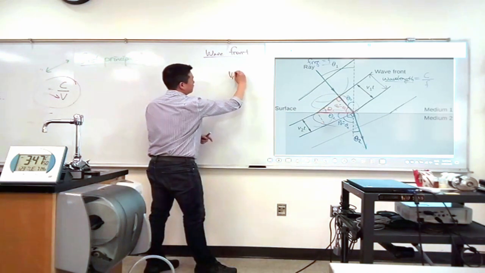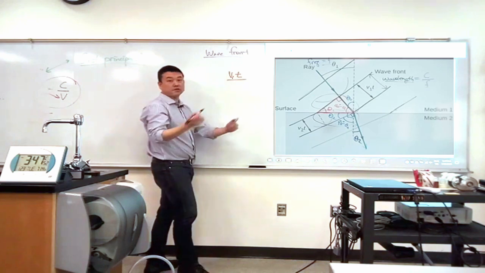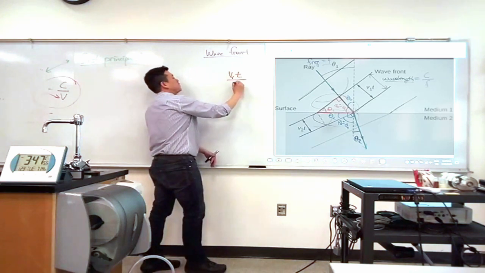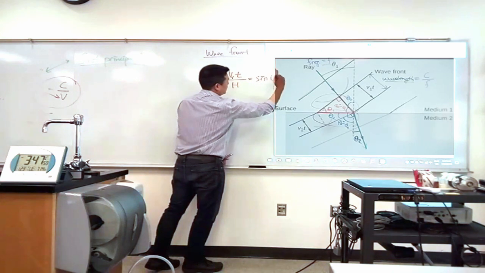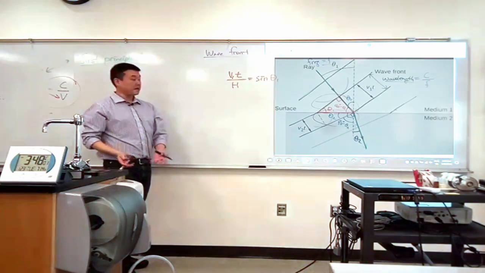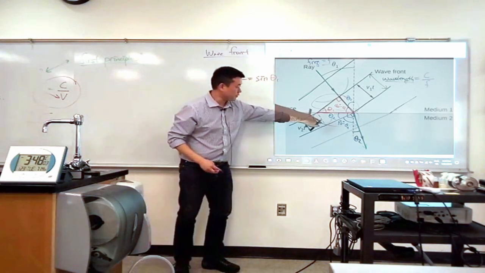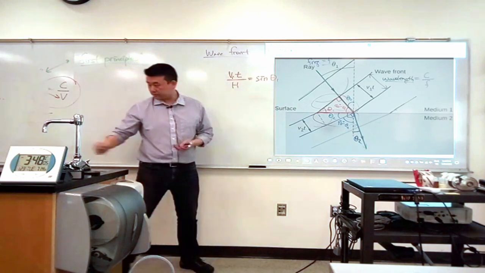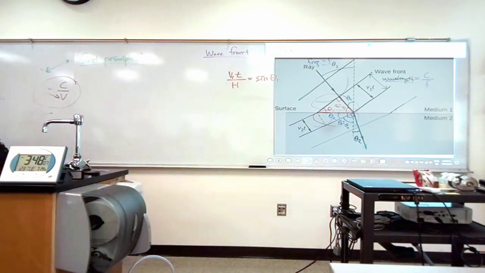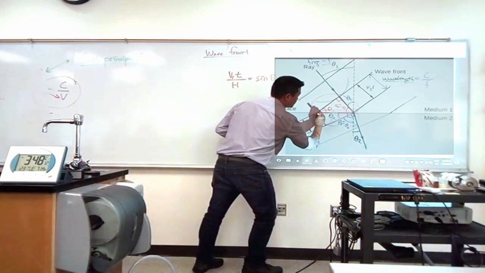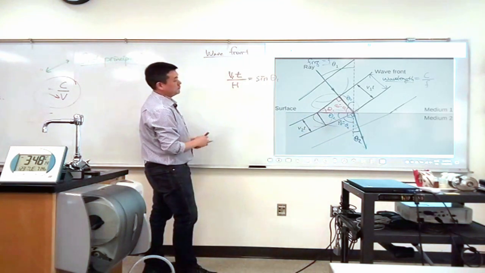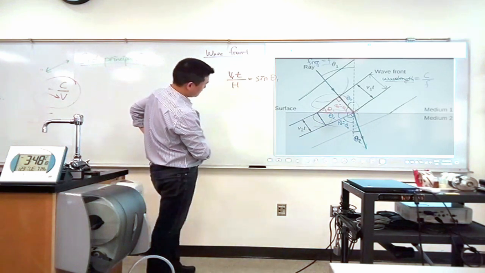Opposite side, V1t, over the hypotenuse, let me call it capital H, is equal to sine of theta 1. Let me write down a similar expression for the other right triangle, for this right triangle here. So, wait, is this one adjacent? I don't like that.